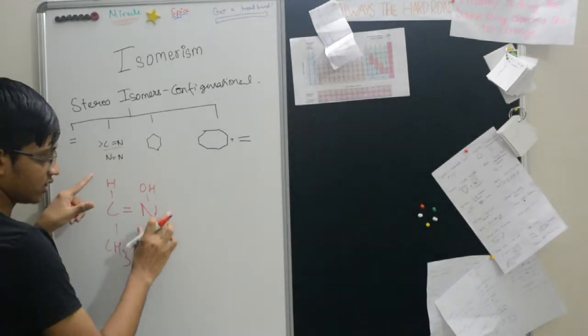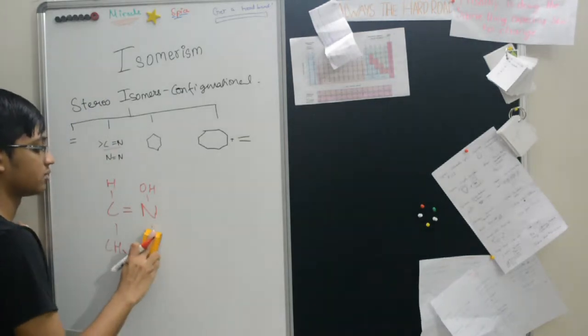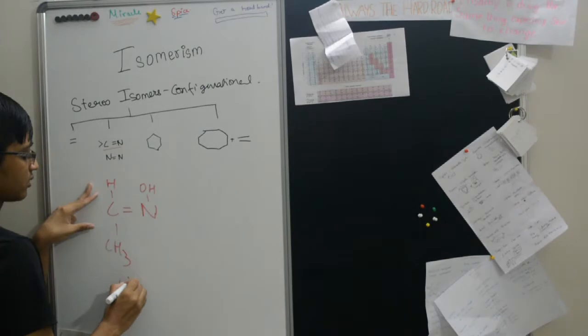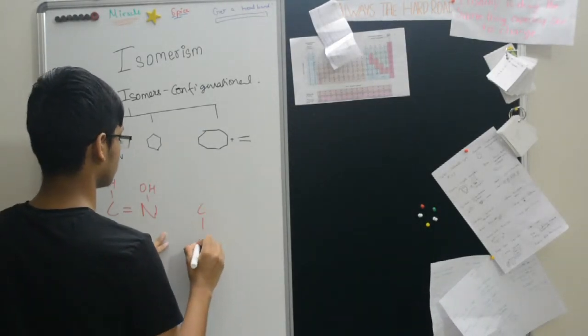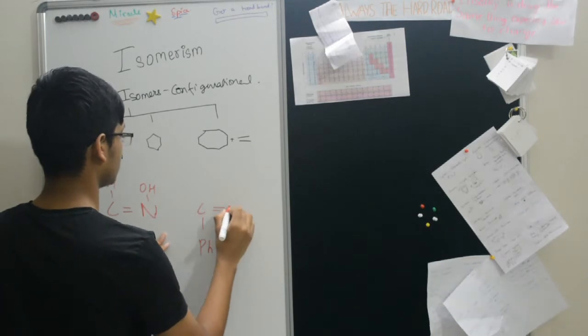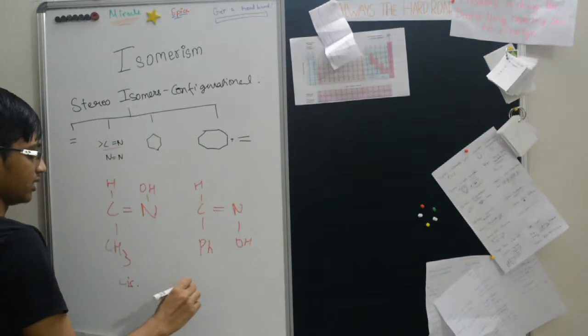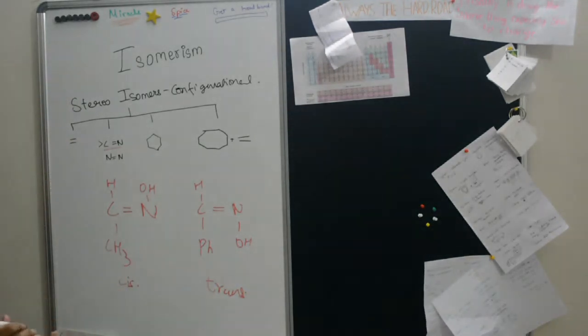What you have to assume is the OH and the H. Usually you don't represent this in the diagram. So if the OH and H are in the same place, you have cis. And if they are in different places, then you have a trans. That's it.